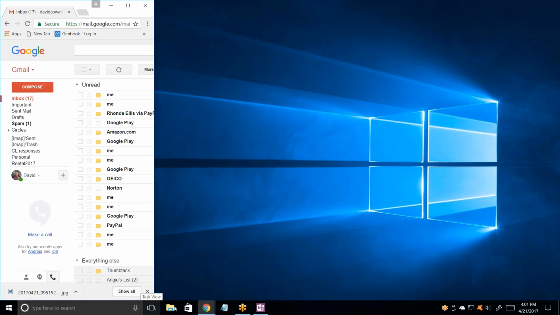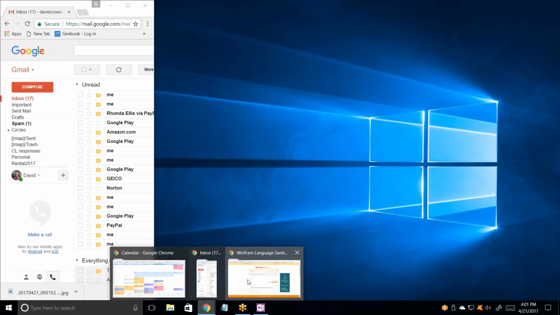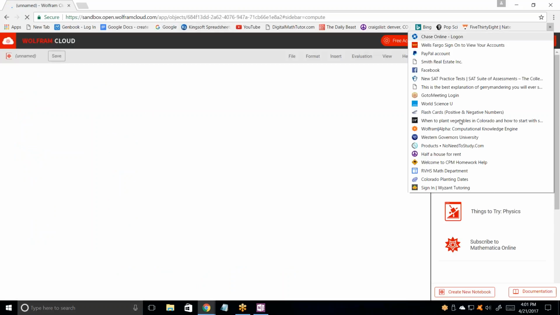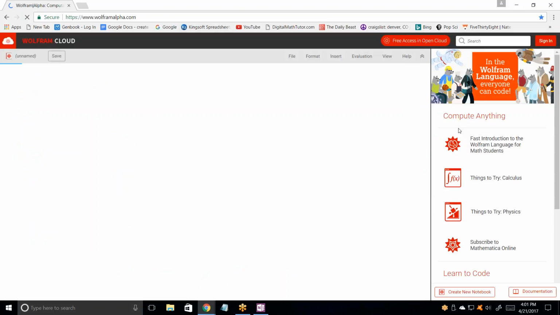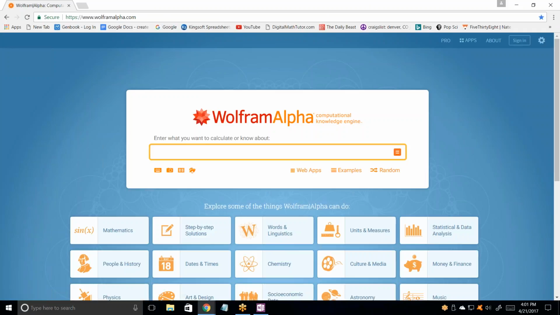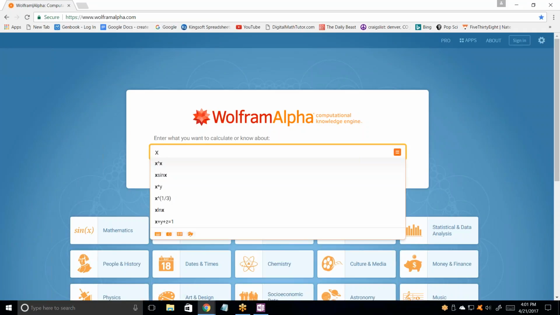That's what I want to put in. x to the 2/3 equals 16. What the heck happened to my Wolfram Alpha? Okay, here it is. So x raised to the 2/3 power equals 16.